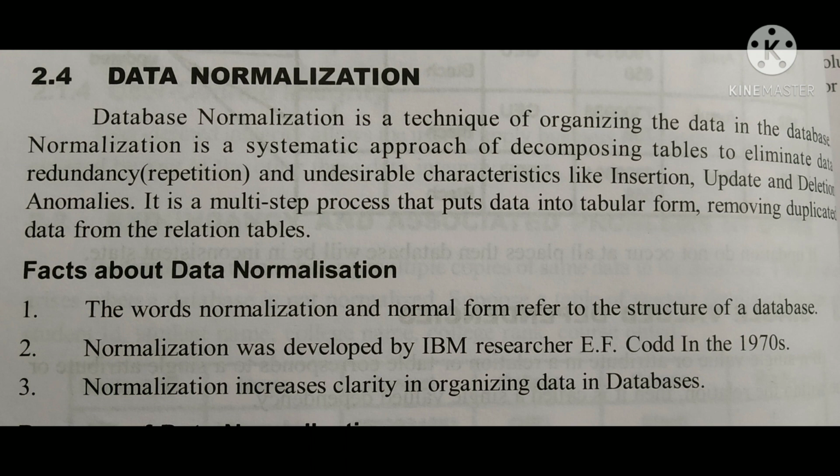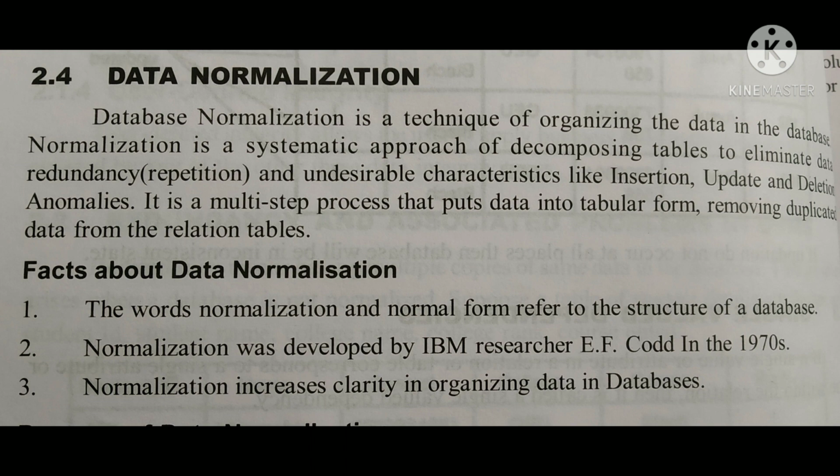Data normalization. What is data normalization? Data normalization is a technique of organizing the data in the database. Normalization is a systematic approach of decomposing tables to eliminate data redundancy. What is that redundancy?